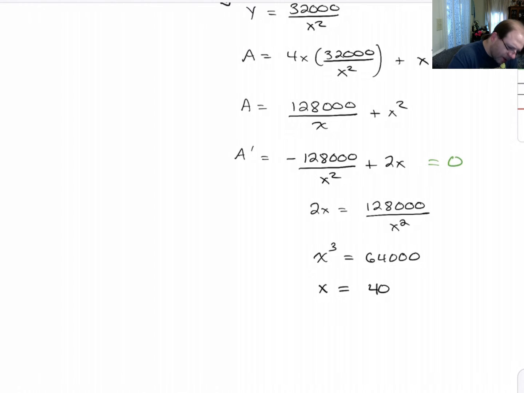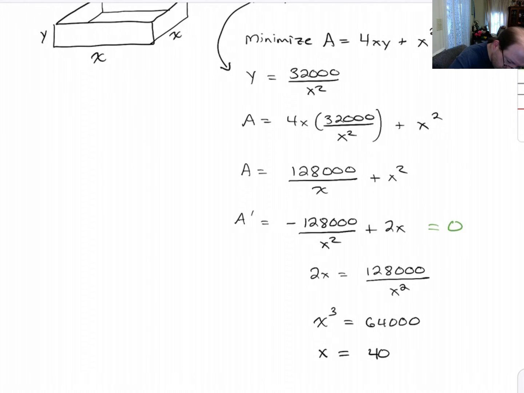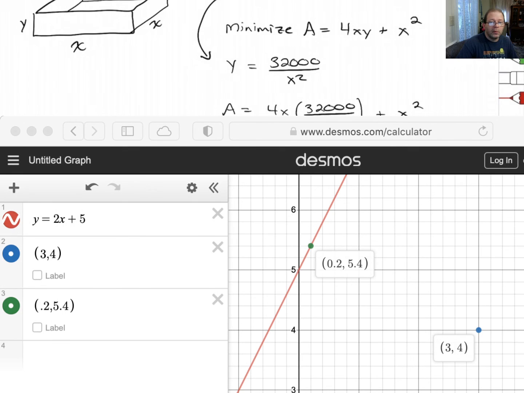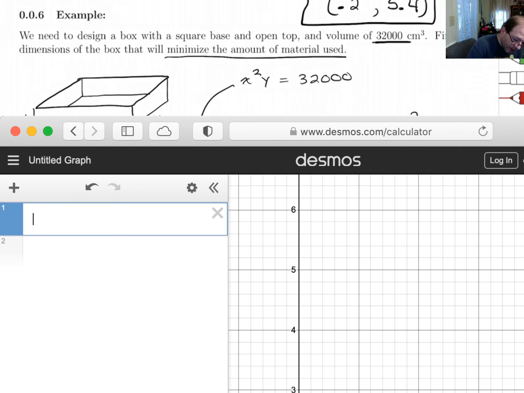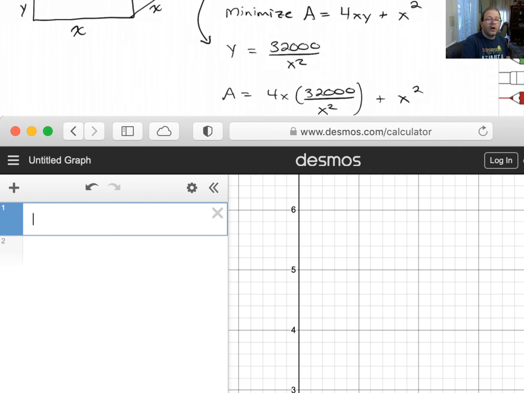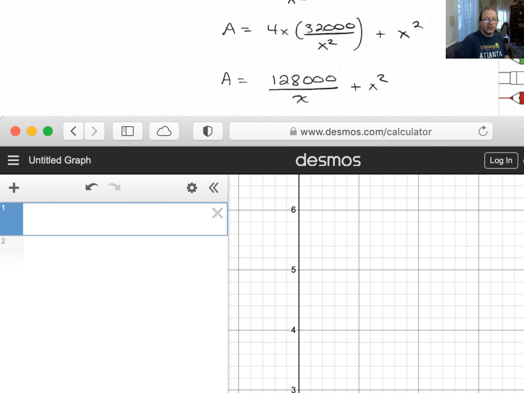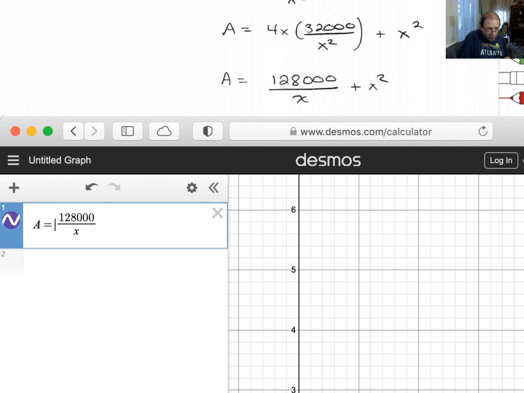That's our critical number. We need to make sure that that's actually a, what are we trying to find here? Is this a minimum? Well, I'm going to check that by looking at Desmos. The function was our A equals 128,000 over x plus x squared.